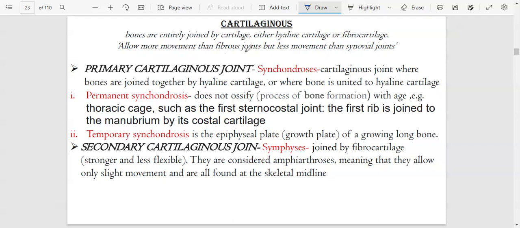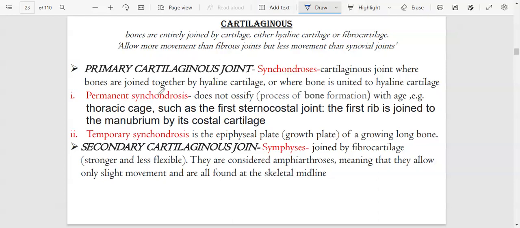So they allow more movement than fibrous joints, but less movement than synovial joints. So because of this, you can see cartilaginous joints are mostly going to be classified as amphiarthrosis. Why amphiarthrosis? Because they can allow little movement, at least more than fibrous joints, which allow no movement. Right.